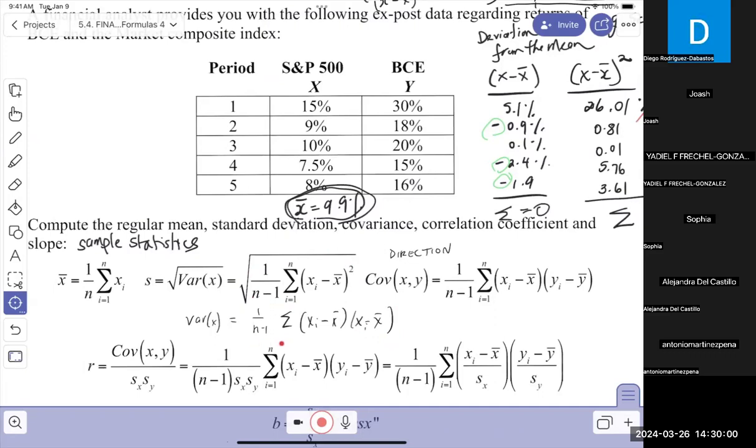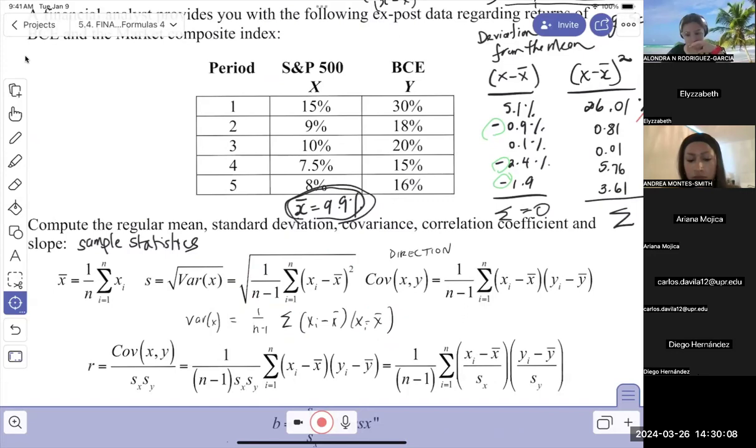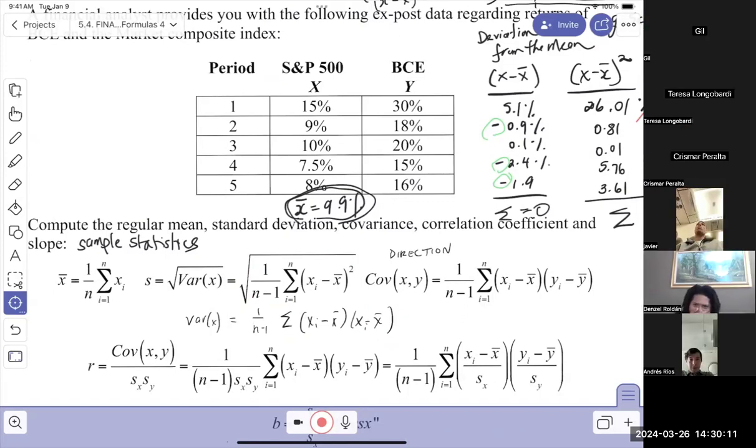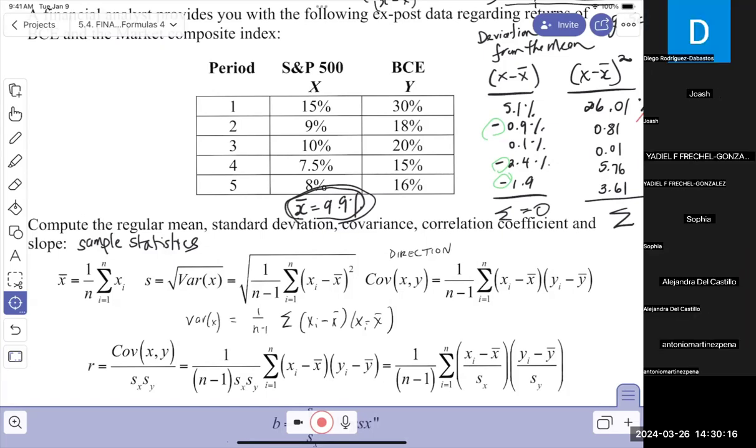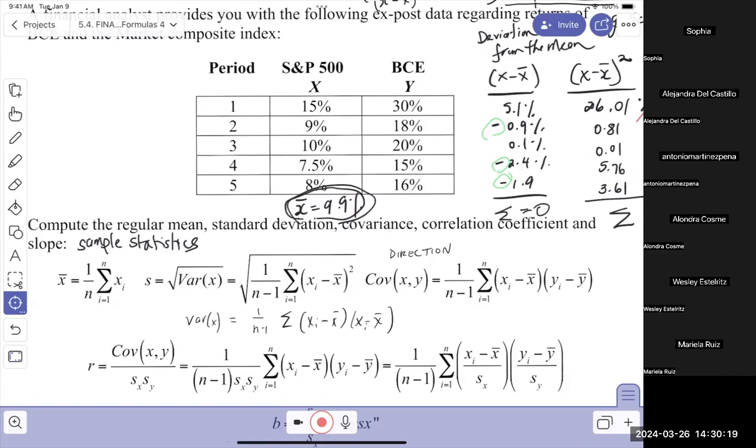The variance, what sign will the variance be? Positive or negative? Diego says positive. Why? How do you know it's positive? Because it's squared. Because it's squared, it will always be positive.